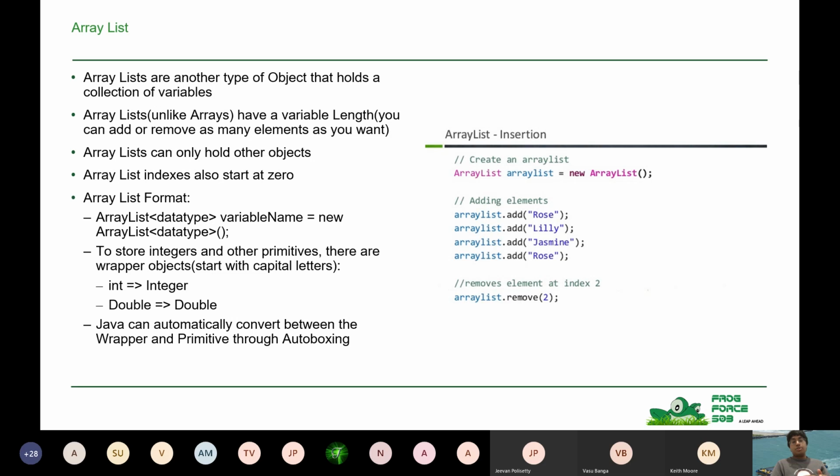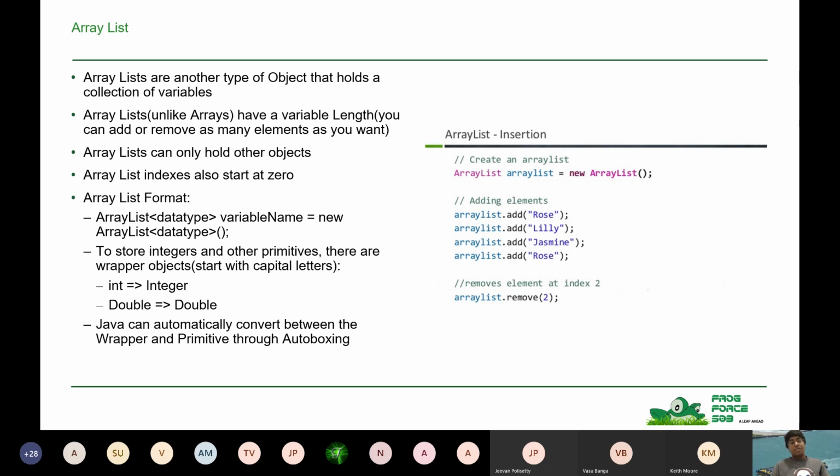One notable caveat to this, like an asterisk, is that array lists can only actually hold other objects. So if you want an array list to hold an int, it can't. It can only hold other objects like strings and any objects that you create. But the workaround is what we call wrapper objects.